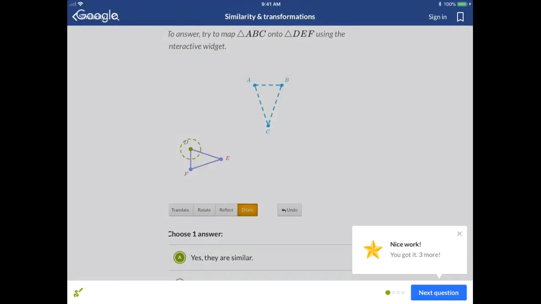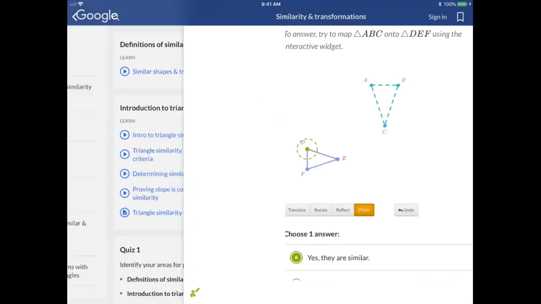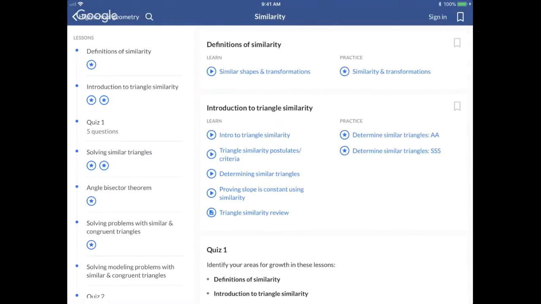Cool. Any questions about some of the foundational pieces involving similarity and dilations? I think I'll maybe do one last one, because I think this will probably come up on the test.